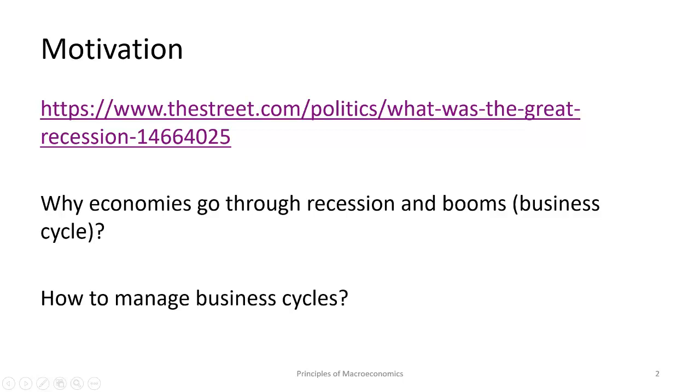To answer these questions, we need to develop some models, because what you realize when a recession happens is that a lot of macroeconomic factors that we have been talking about, like unemployment, GDP, inflation, banking, get affected. The question is: how are they related and why are they affected? To explain all this, we need a model, and in the rest of the lectures this week and the following week, we will be talking about developing models to explain this fluctuation.